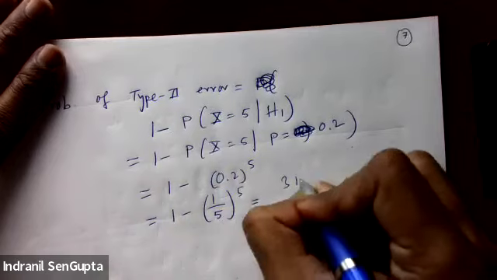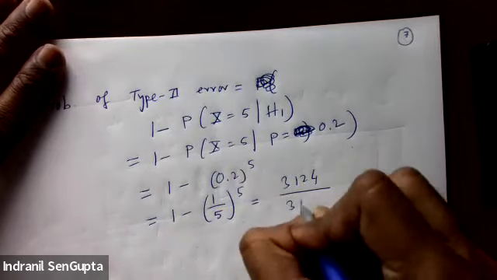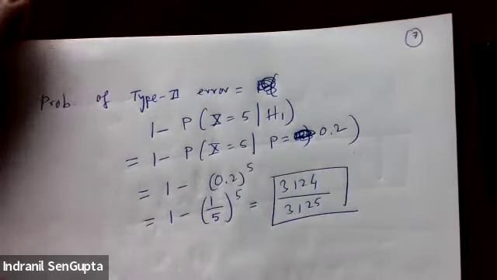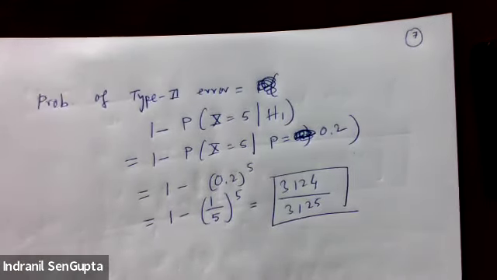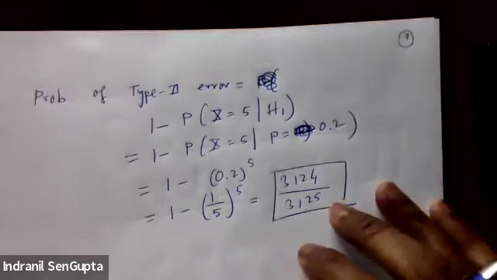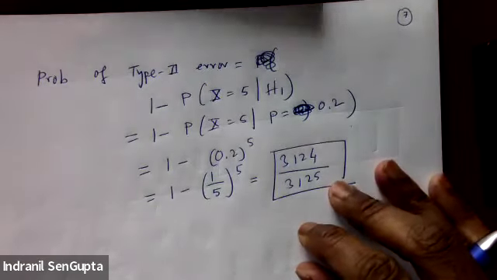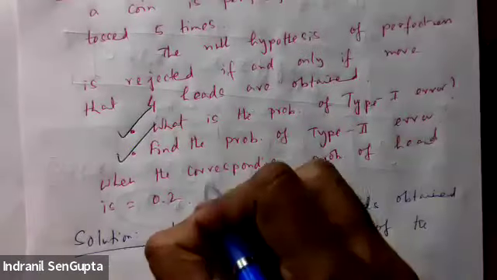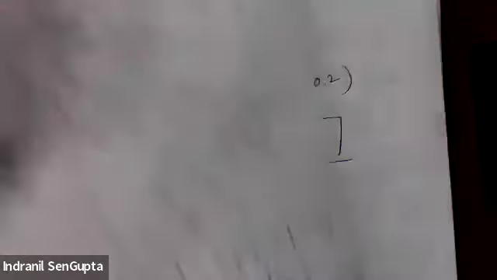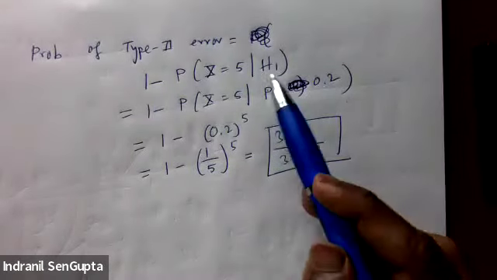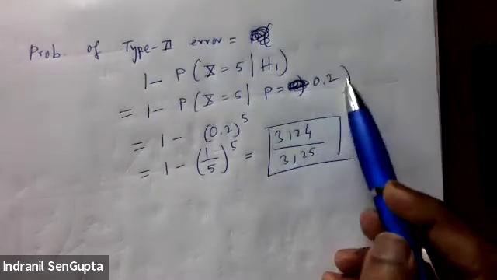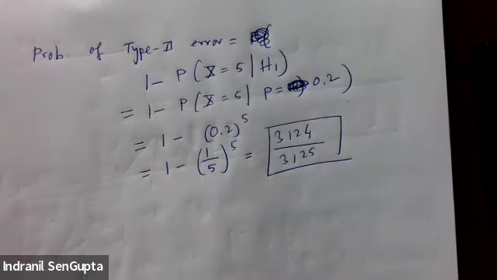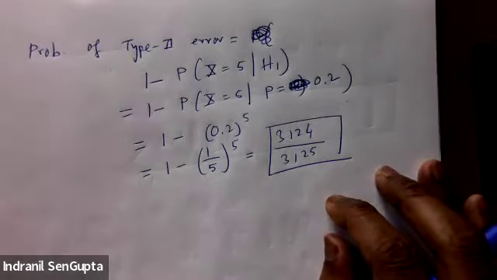So this is 3124 over 3125. That is the answer. So this is the probability of type 2 error when the corresponding probability of head is 0.2. Of course, if your probability of head is something else, this result will be different. Whatever the corresponding probability is, it's based on that.